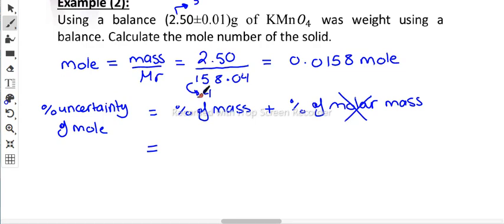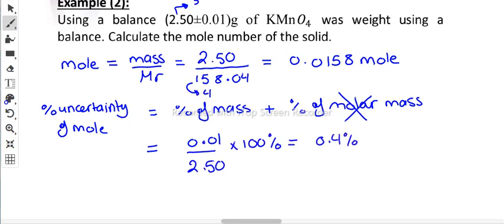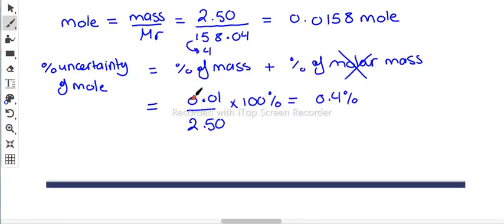So now I'm going to apply on the percentage of the mass, which is 0.01, and I'm going to divide over 2.5 multiplied times 100%. Using, of course, your calculator, it will be 0.4%. So this is my percentage uncertainty of the mole.